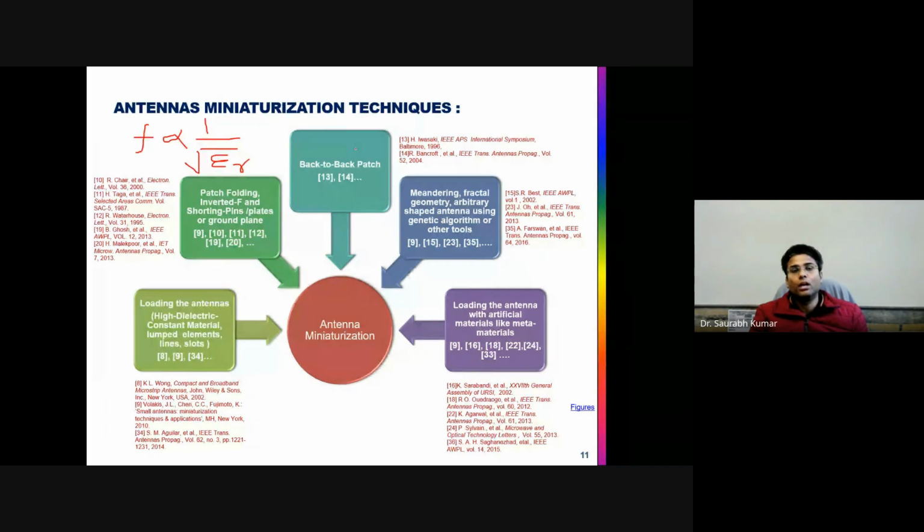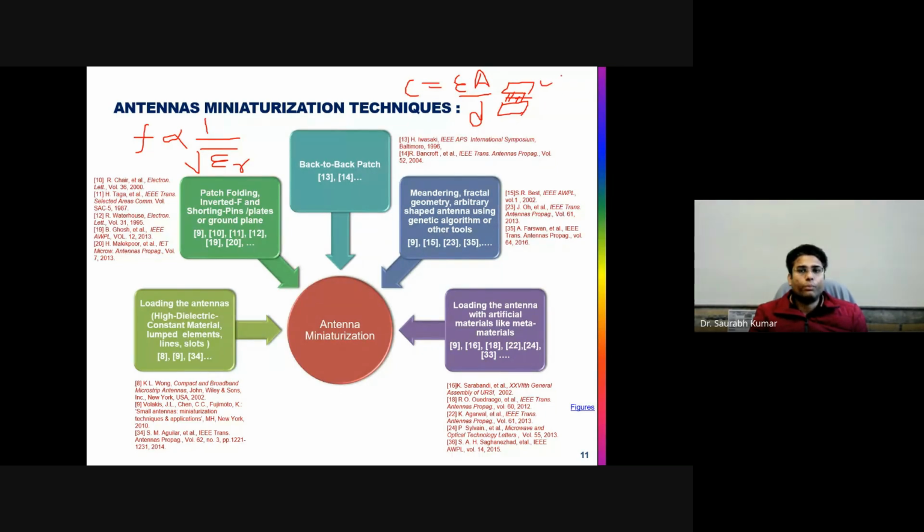So if you resemble this antenna as two parallel plate capacitor, and here there is some dielectric in between, then the capacitance C is equal to epsilon A by D. The capacitivity of the material is depending on epsilon.